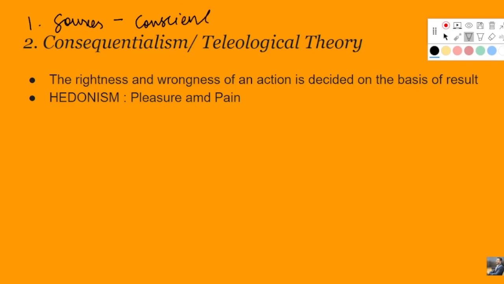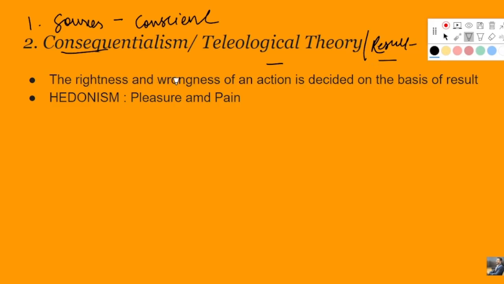Now let's see the second determinant, which is consequentialism, teleological or result orientation, right? So basically we decide the justness or rightness or wrongness of any action on the basis of consequence, on the basis of teleology, on the basis of result, right? So let's see each of them in very detail.